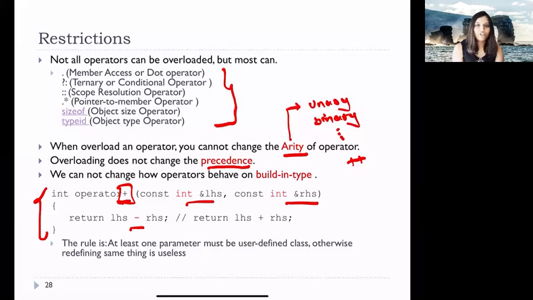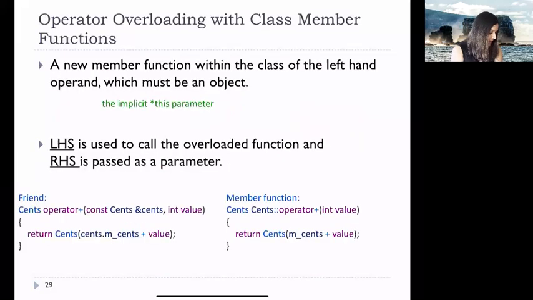If you overload the addition operator for adding two ints, the system would do it by itself whenever you use the addition operator, so there's no point in overloading it. If you want to do concatenation of strings by using the addition operator, then it makes sense to overload it. So these are the rules you need to take care of whenever you are using operator overloading.